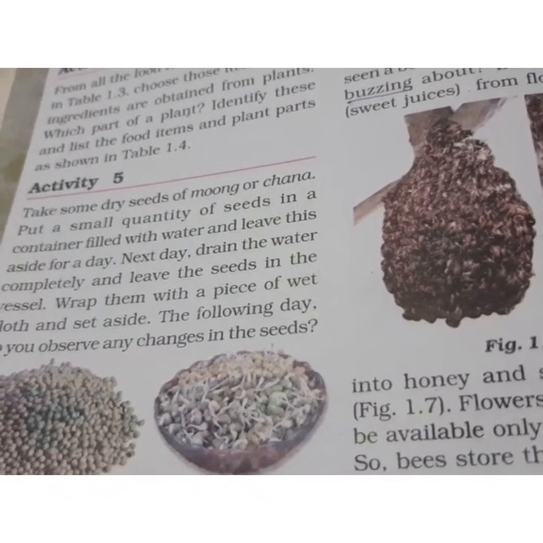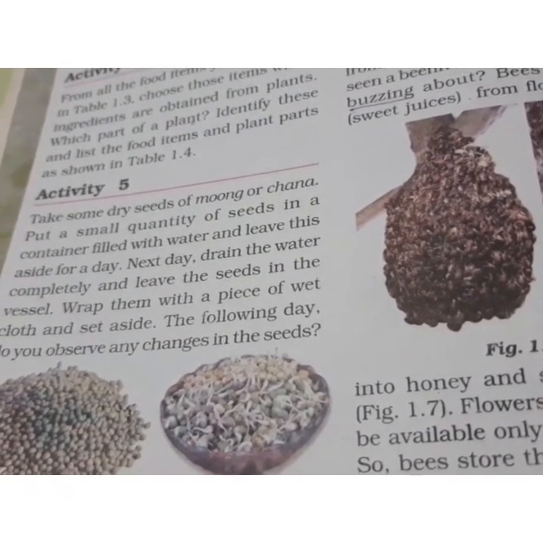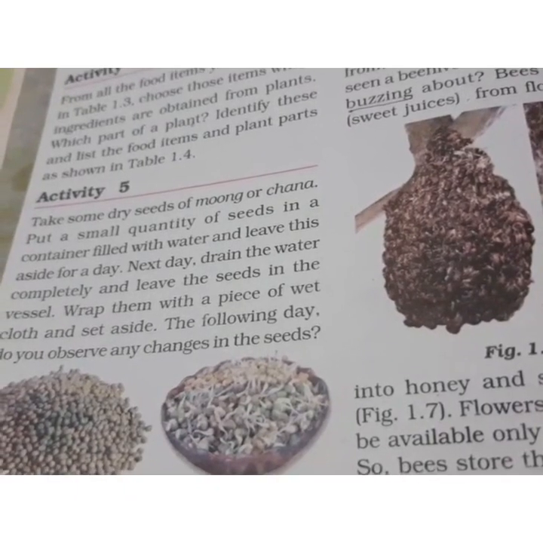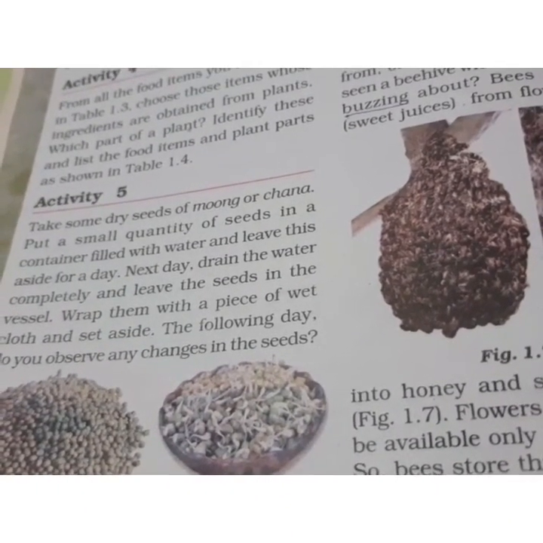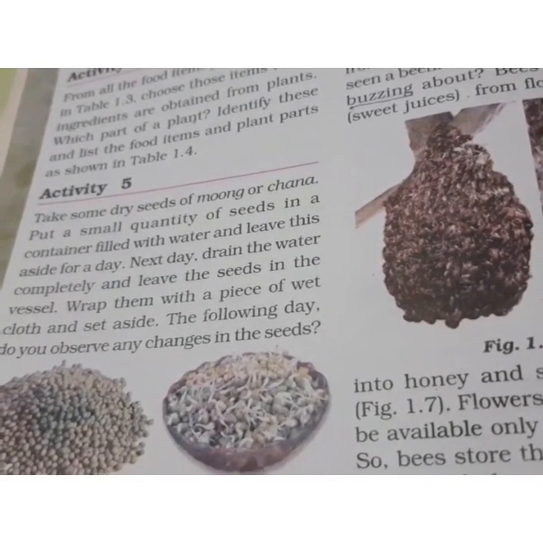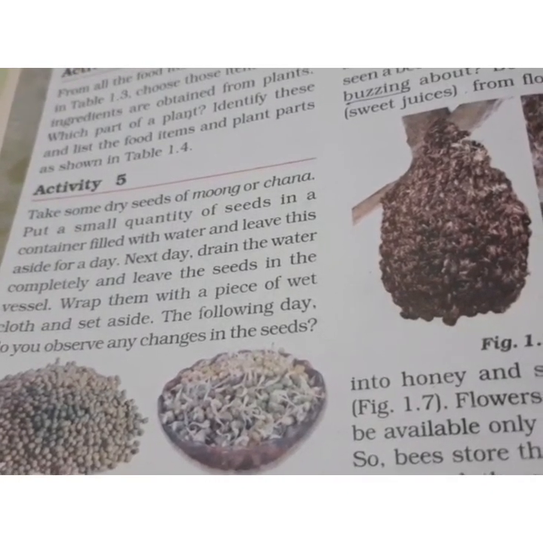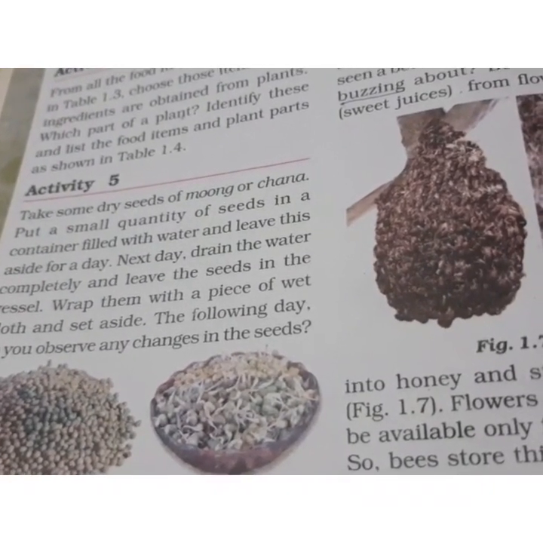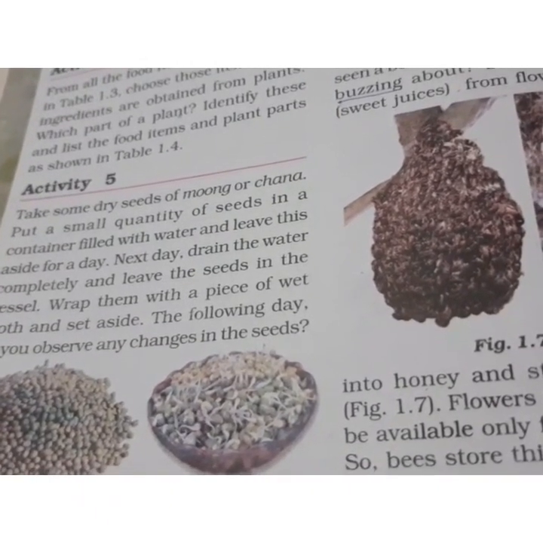Now, as we know, in plants we eat different types of vegetables. Which part of the plant is it? Sometimes we eat the flower of a plant, sometimes the root, sometimes the stem, and sometimes the leaves or the fruit of the plant.